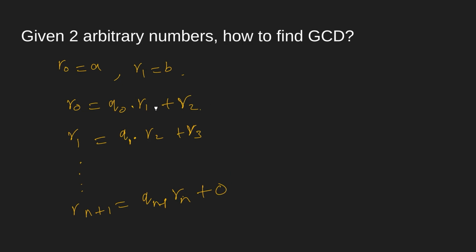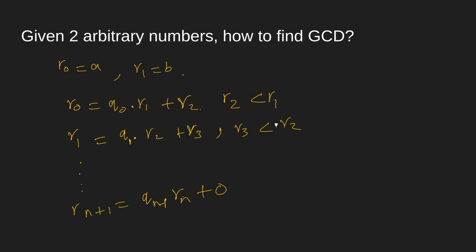Because at every step we have this invariant. Any time we try to divide to find a remainder, we can be sure that r2 should be strictly less than r1, because that's how we have defined the remainders. Similarly, in this step we can be sure that r3 should be strictly less than r2.